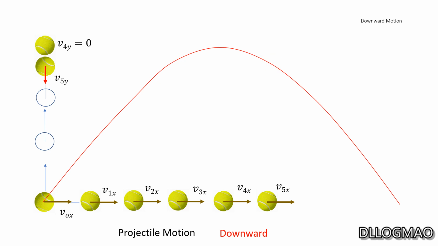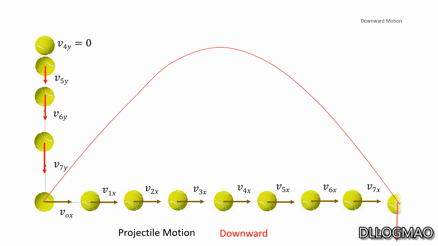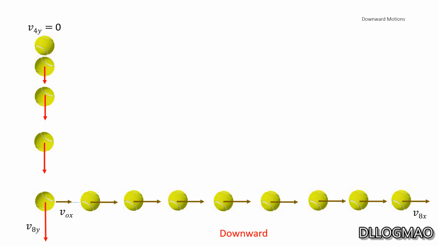At v sub 6, the positions and velocities along the x and y axis. At v sub 7, the positions and velocities along the x and y axis. And at v sub 8, the positions and velocities along the x and y axis. The positions of the projectile showing the motion along the x and y axis.